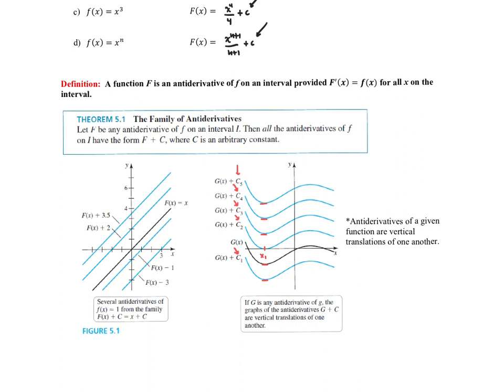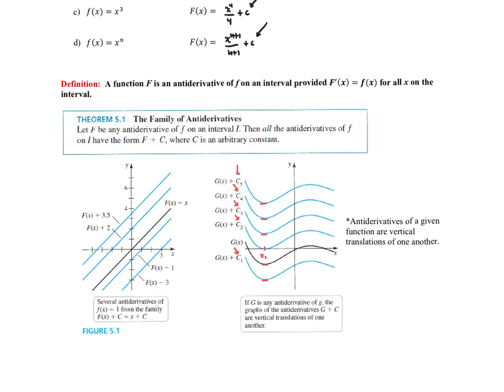Therefore, when we add the c, it adds a family of potential functions. Likewise, over here in this linear expression, you can see that the slope of a linear function is going to be the same throughout, regardless of whatever the y-intercept is. Right here, -3, -1, 2, 3.5, etc. Okay, so understand that we're finding an antiderivative and adding some general constant to the end of it.